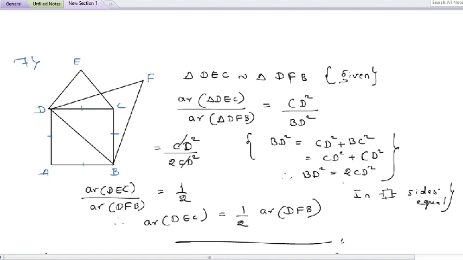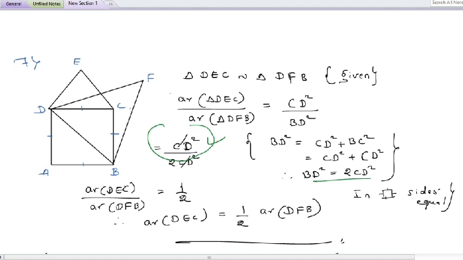Here I have explained. Now, we can write CD square by 2 CD square, here I have written. CD square gets cancelled, what remains is 1 by 2.